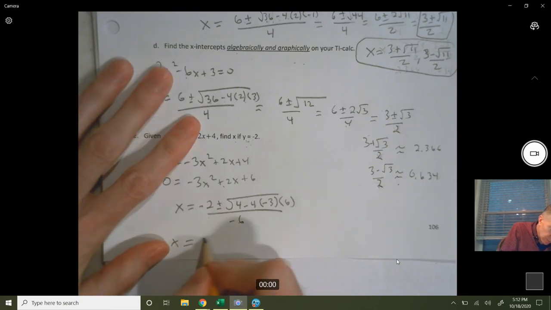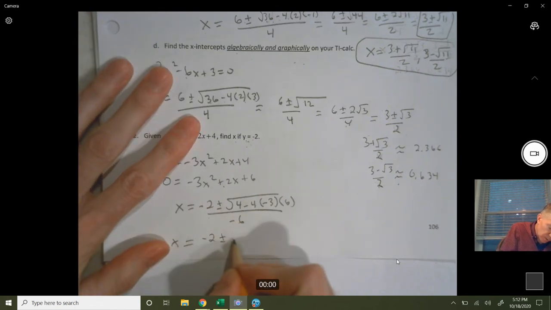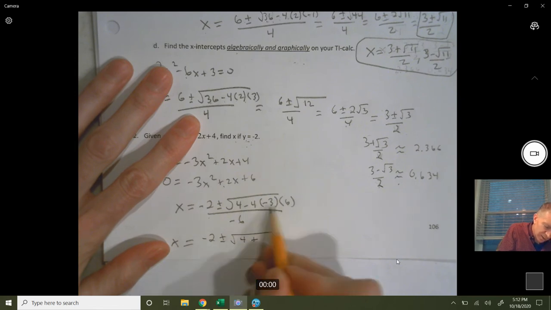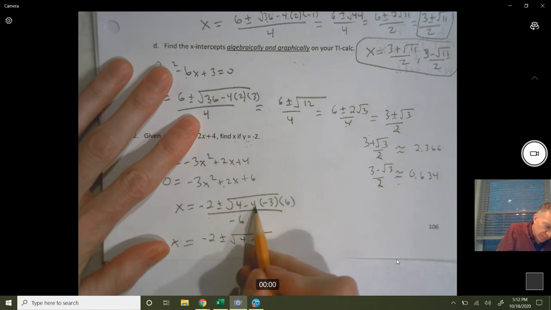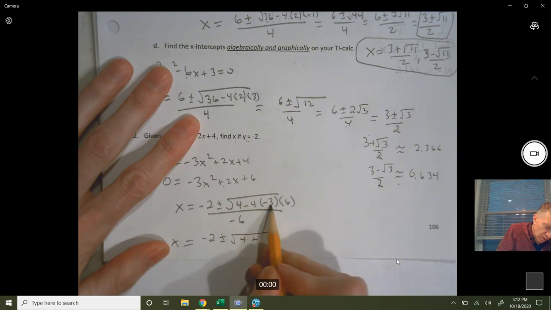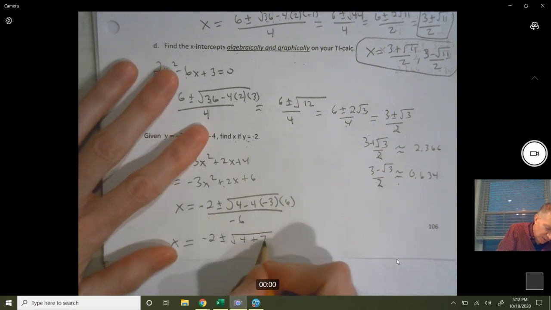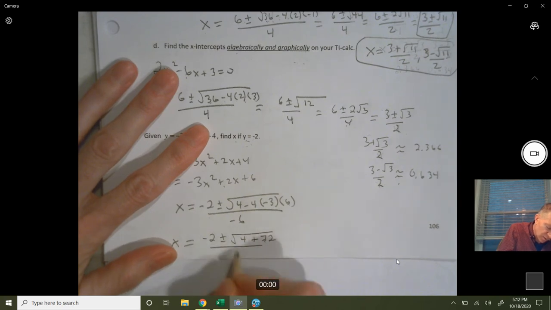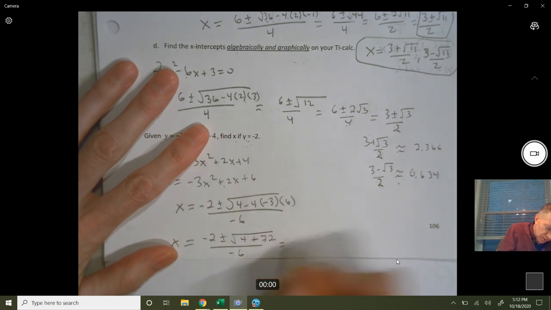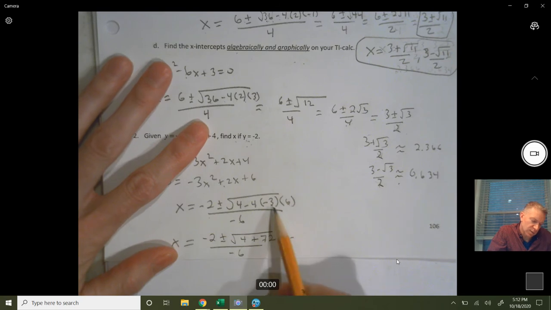So -2 plus or minus square root, that's going to be 4 plus 4 times 3 is 12, 12 times 6 is 72, all over -6. Let's reduce. Let's double check that. Yep, that's right.